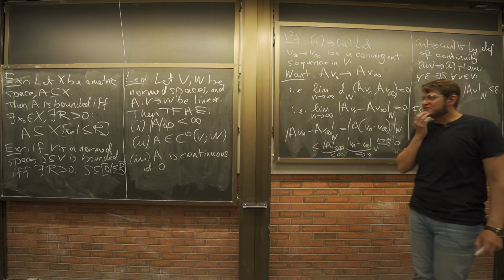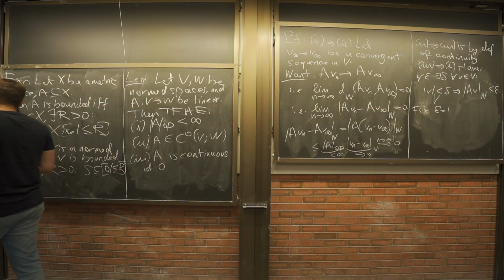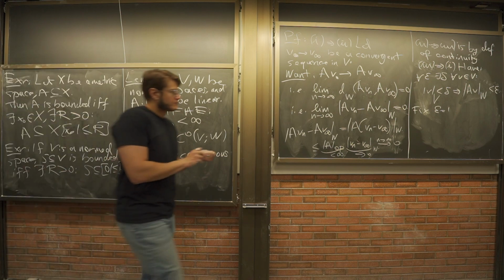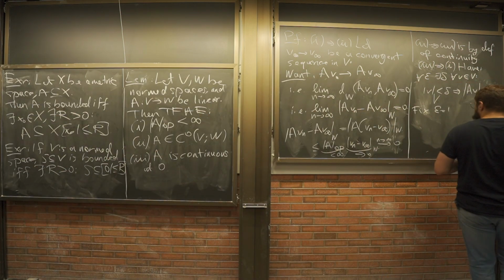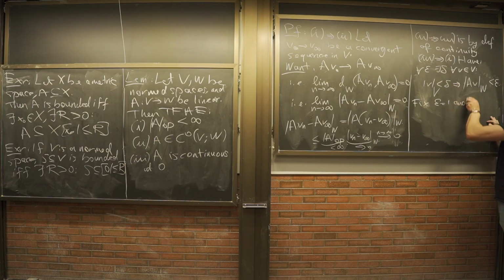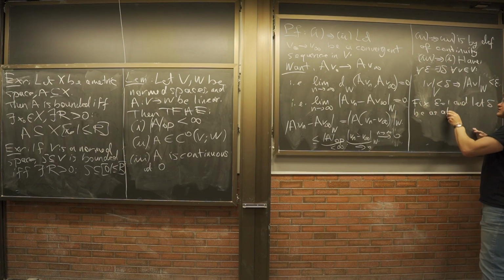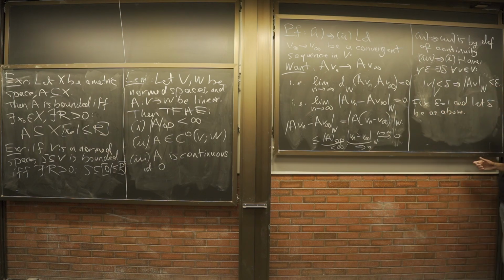Okay. Now I'm trying to bound AV in norm for an arbitrary input. Let delta be as above. What do I want?